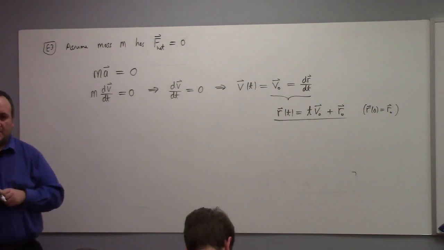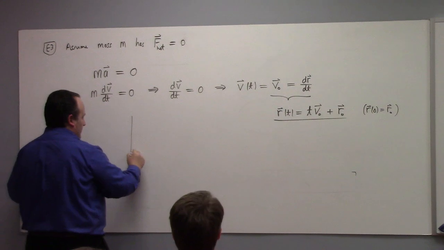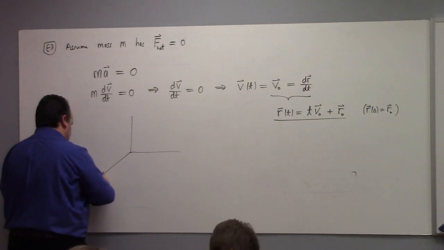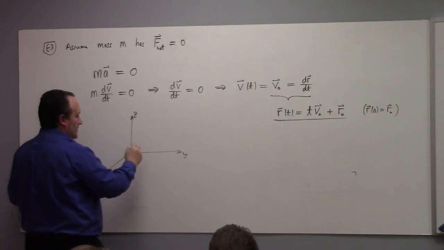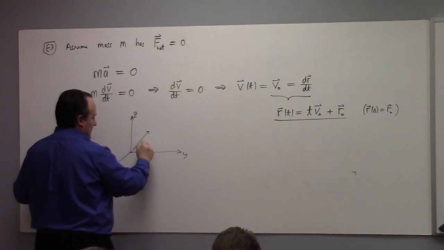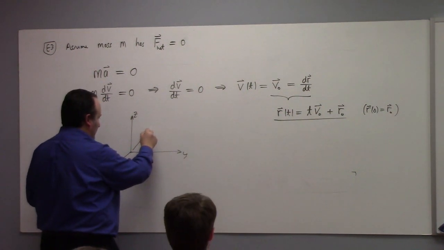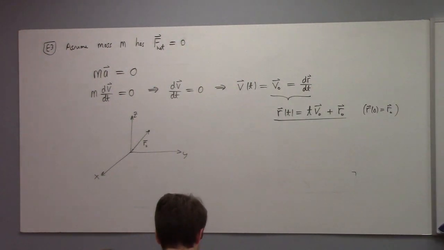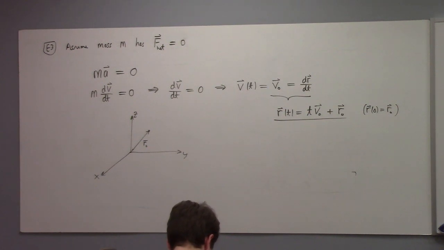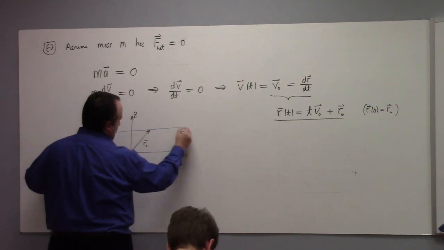So now it's just a matter of understanding, what does that mean? If I draw a graph, with x, y, z axes, and this is, say, r naught, that point right here, and suppose my v naught goes another way, like this.